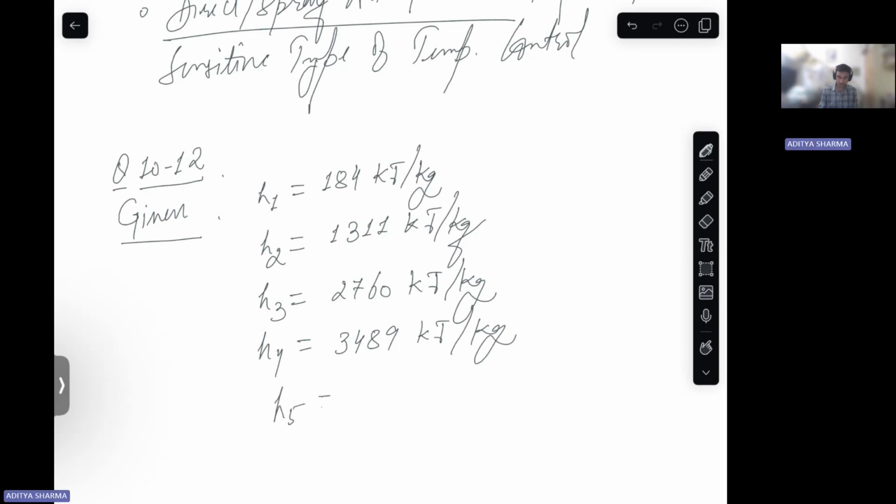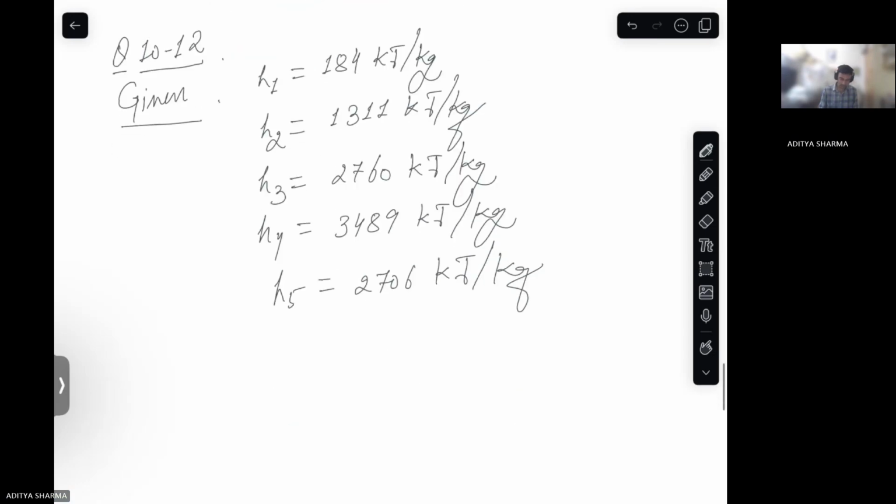H5 is given as 2706 kilojoules per kg. And H6 is given as 3279 kilojoules per kg.